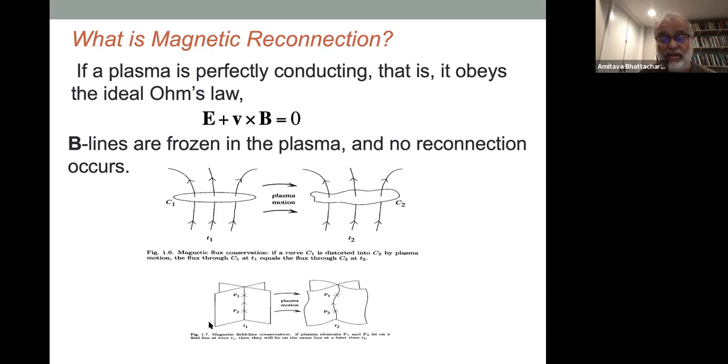That's one variant. The other is, imagine you have a field line. It's a fictitious line that you draw, but you know how to do this. You draw a field line. Michael Faraday told us how to get field lines by using iron filings around magnets, and they line themselves up nicely. So imagine you have such a field line on which there are plasma elements.